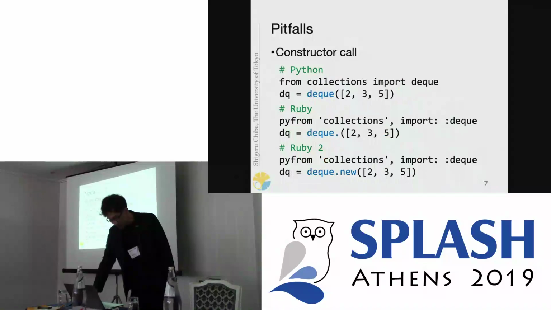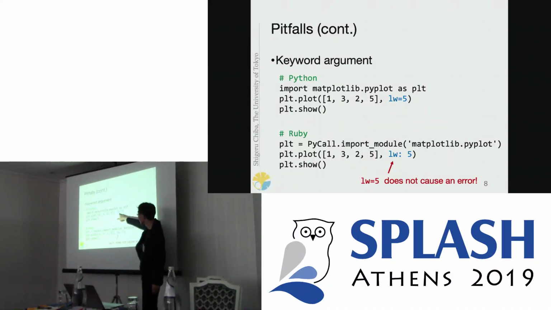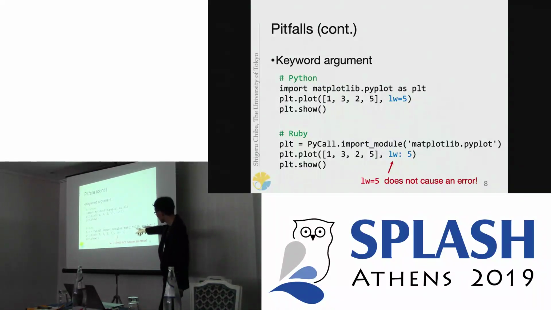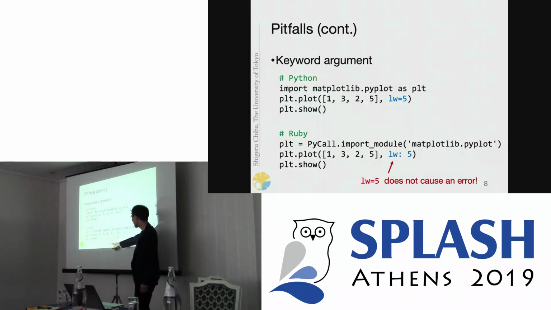Second example, keyword arguments. In Python, a keyword argument is written like this: lw equals 5. The keyword argument named lw is 5. In Ruby, you have to say colon. It means the same, lw colon 5. But the problem is, in Ruby, you can also write lw equals 5.